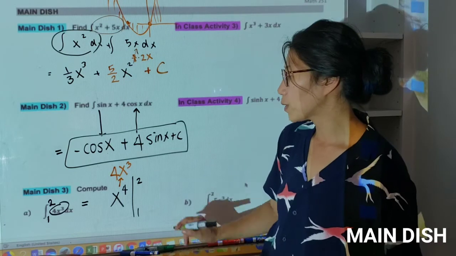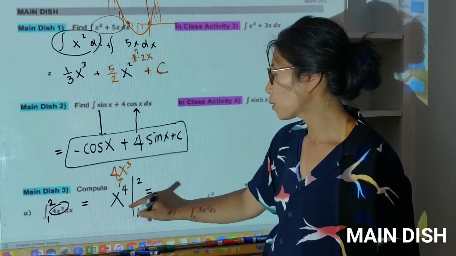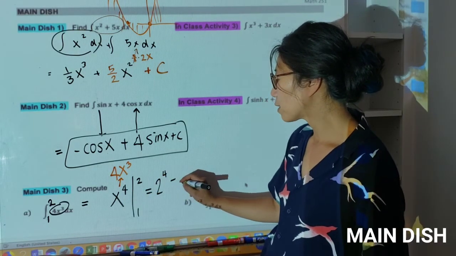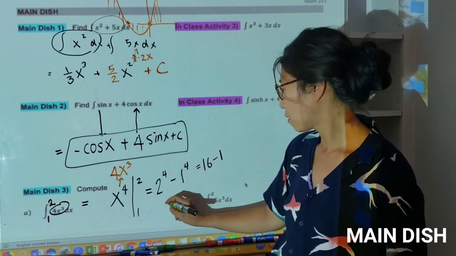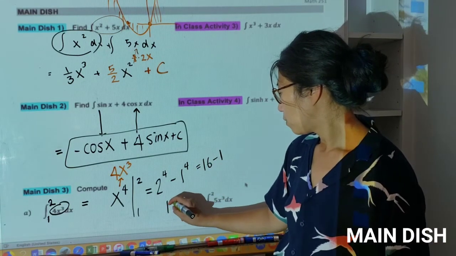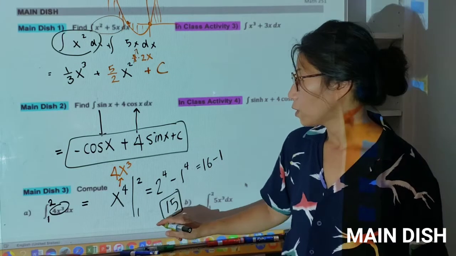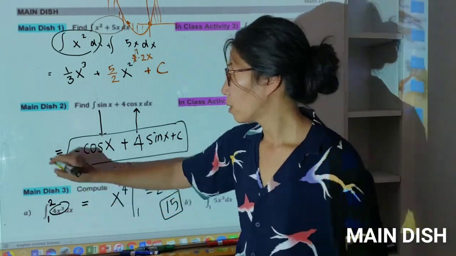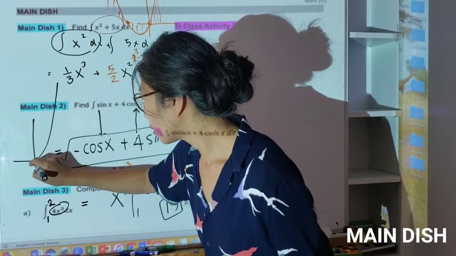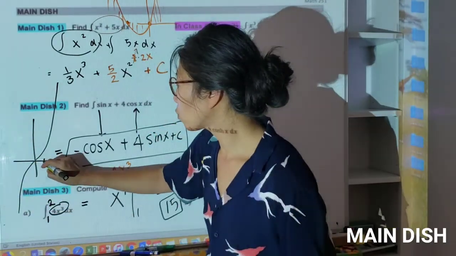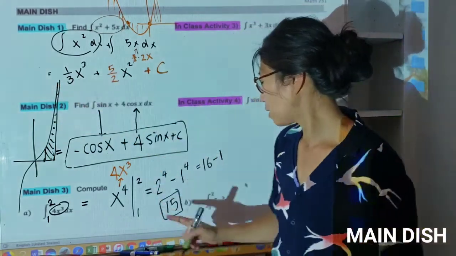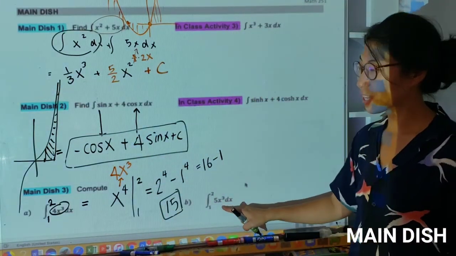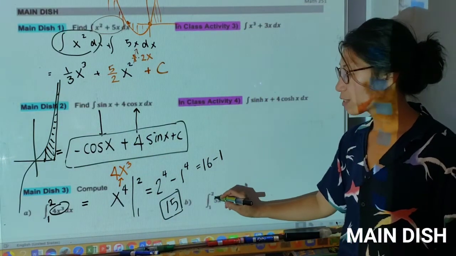Now using the fundamental theorem of calculus, I'm going to plug in 2 to the 4 minus 1 to the 4, 16 minus 1, I get 15. So the area under the curve of the function looks like that, and from 1 to 2, the area is 15. Okay, so this time let's do the number 5.